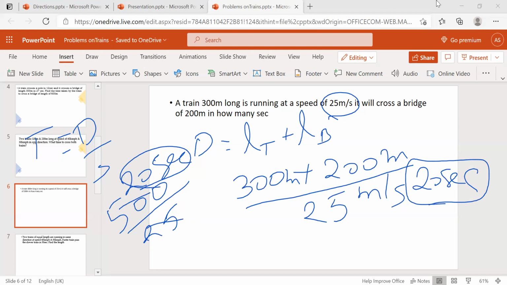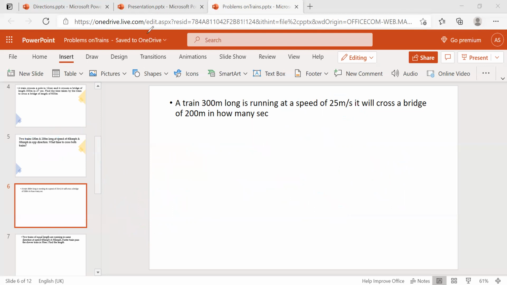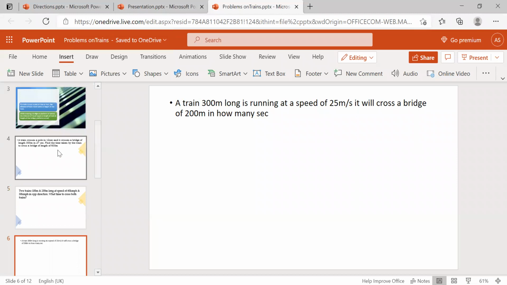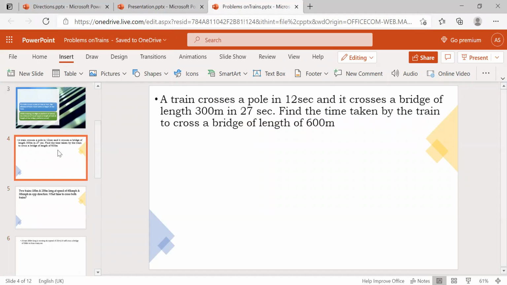Okay. Now we'll see one more question, which will help solve many questions. A train crosses a pole in 12 seconds, right? And it crosses a bridge of length 300 meters in 27 seconds.